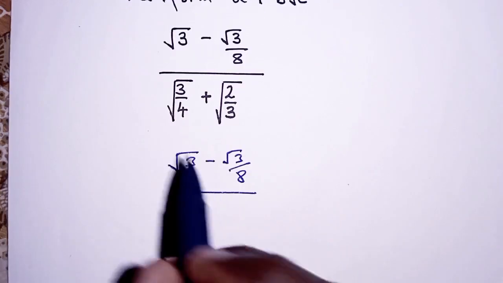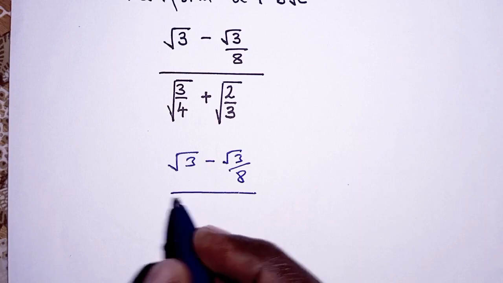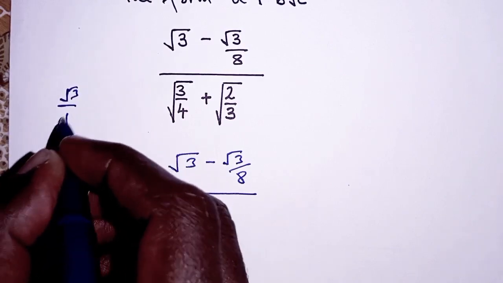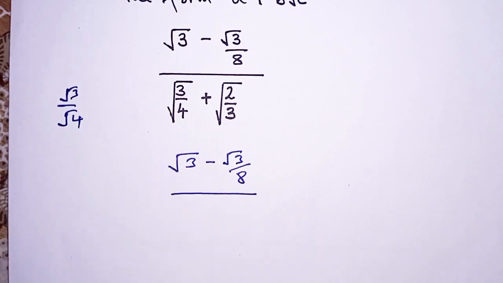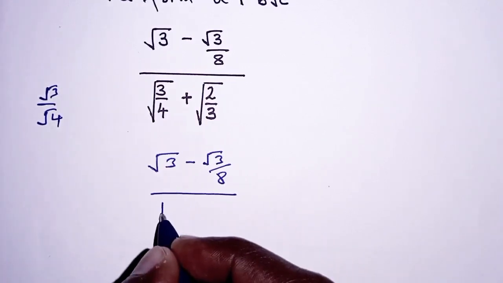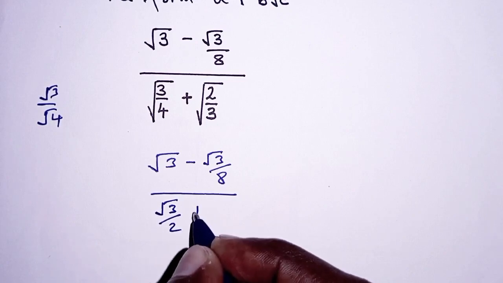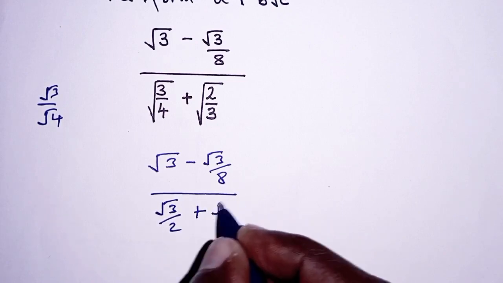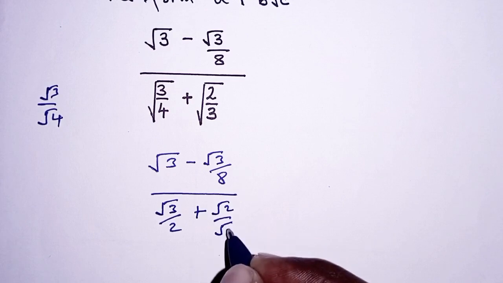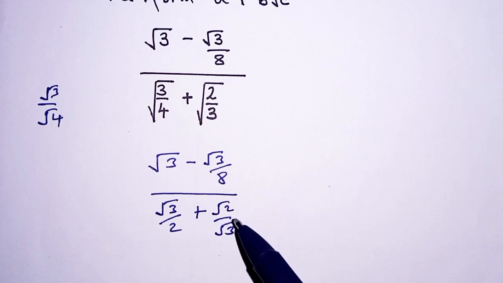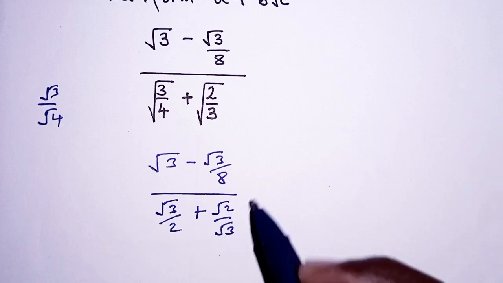denominator we have, so for this we'll have that is equivalent to root 3 over root 4, but root 4 we know is 2, so we are going to write root 3 over 2, and then plus root 2 over root 3. Root 2 over 3 can also be expressed as root 2 over root 3.